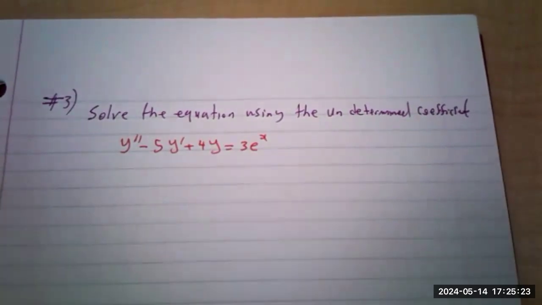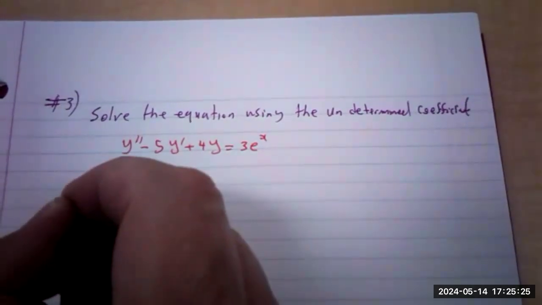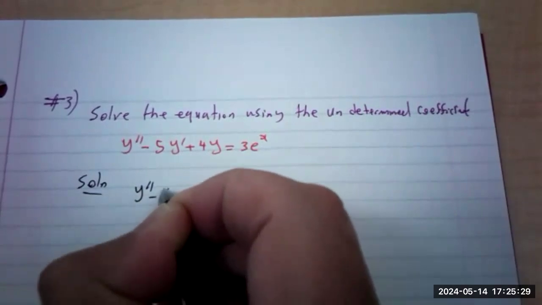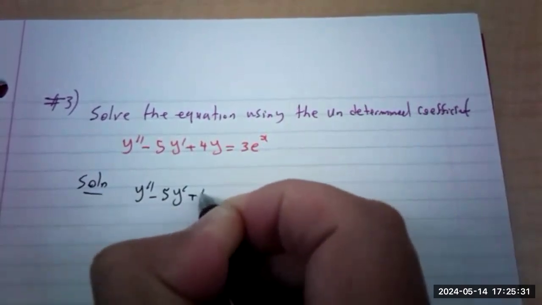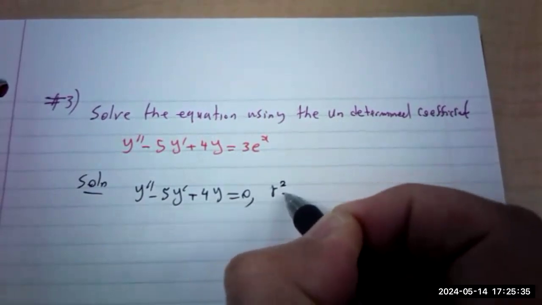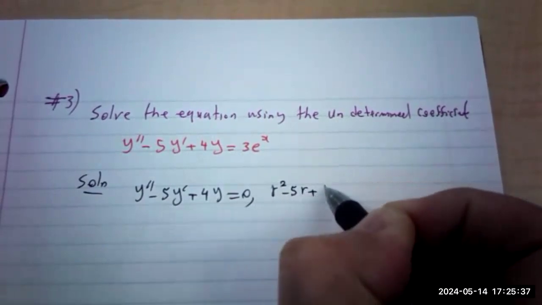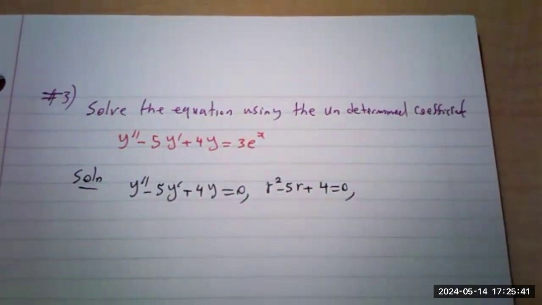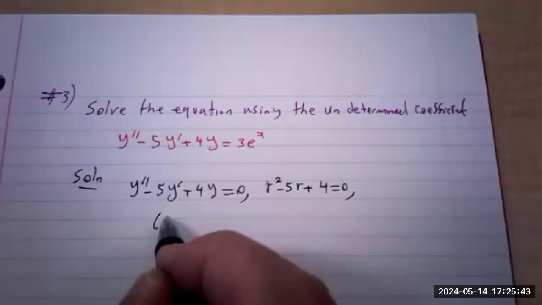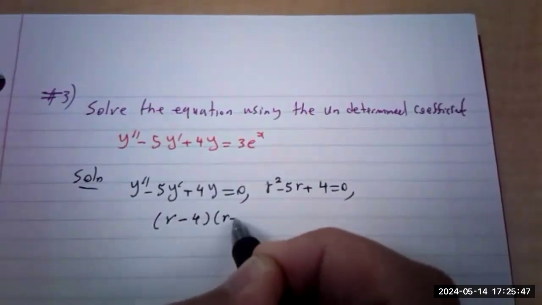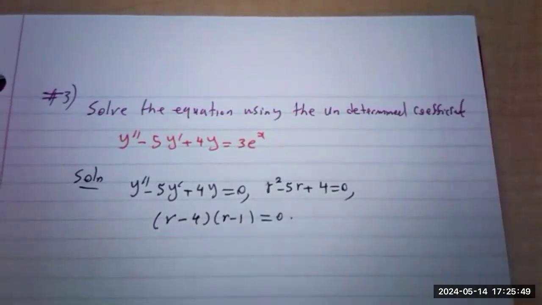Again, we do the homogeneous one first. Homogeneous one: y double prime minus 5y prime plus 4y equal to 0. Characteristic equation: r squared minus 5r plus 4 equal to 0. Factor it. It's going to be r minus 4 times r minus 1 equal to 0.